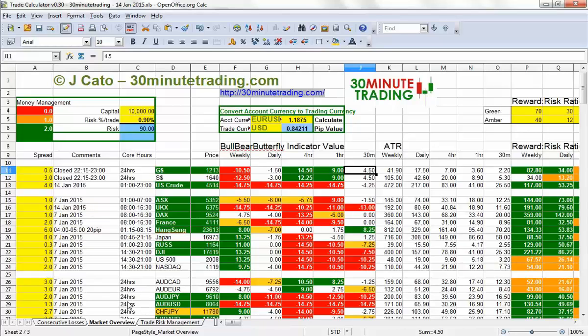So you know what you're looking at and what you want to trade. On this particular day, you were interested in trading the UK index short because it was red all the way through. So you go, okay, that's got to be a high probability zone. I'm interested in trading that short.